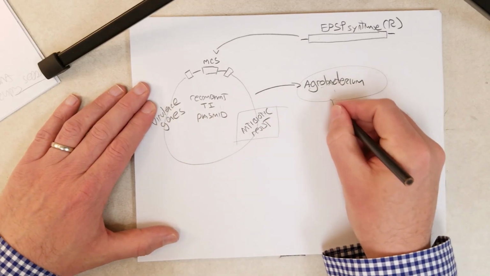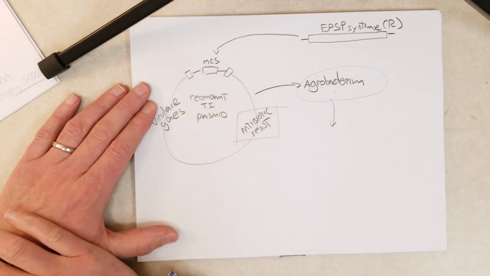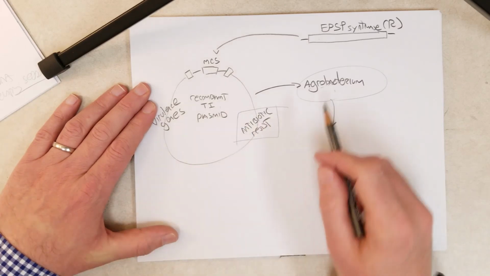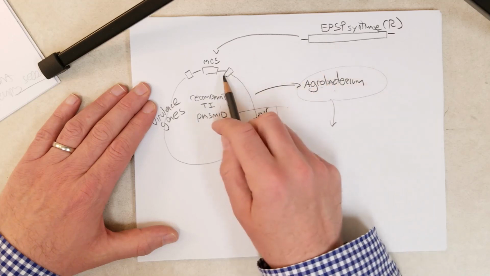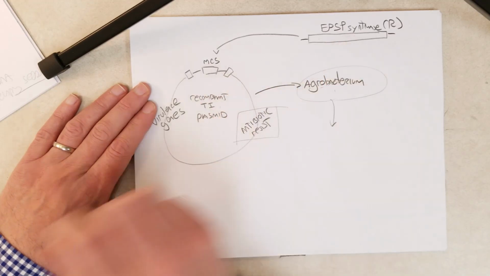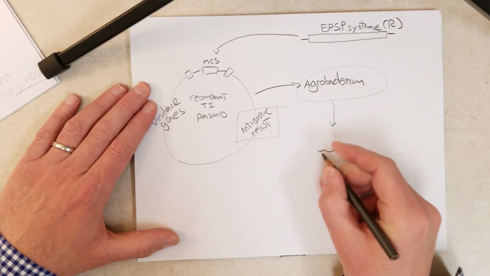And then there are a number of ways to mix the Agro with plant cells so it can genetically engineer those plant cells for us. What I mean by genetically engineer is transfer the T-DNA containing the EPSP synthase gene into the plant genome. One of the easiest things to do works with many plants.